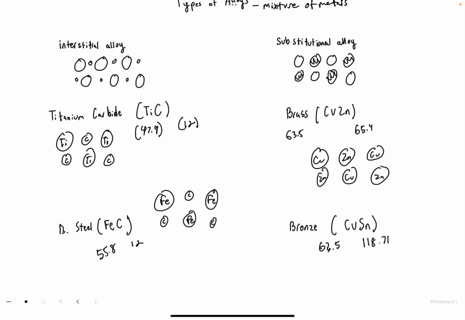And so this would be an interstitial because you can't substitute such a value because it's so high. So Cu, and then Sn would be a bigger atom in this particle diagram below. So again, Sn would be larger than Cu.